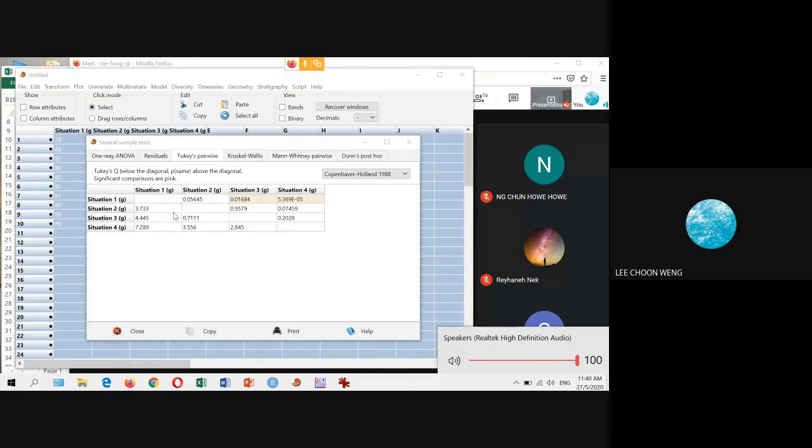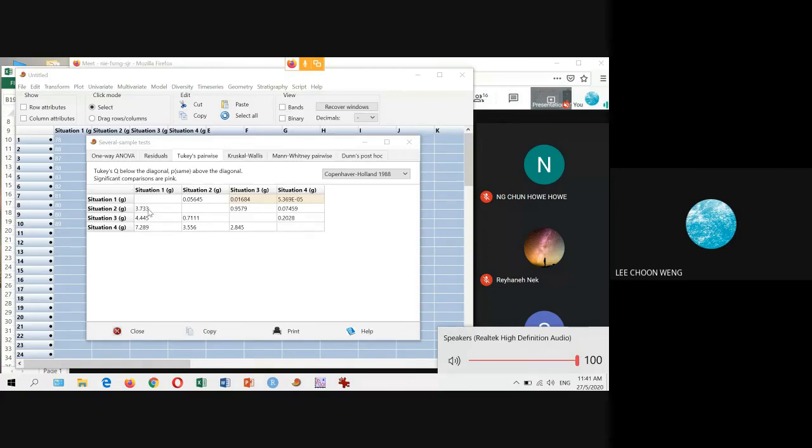Here you can see there are two groups here. The value here shows the Q. So Tukey's value is shown as Q. ANOVA is F. Student's t-test is T. For Tukey's HSD it is shown as Q.